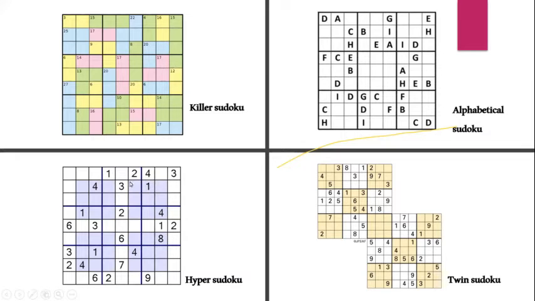But here, apart from those 9 blocks, the color shaded blocks located here should also be filled with numbers from 1 to 9 without repetition. Last but not least, twin Sudoku. In twin Sudoku, we have a common block and this block should satisfy Sudoku A and Sudoku B.